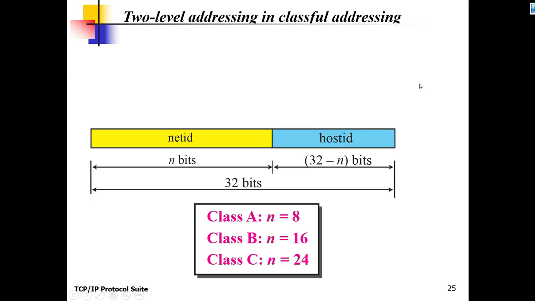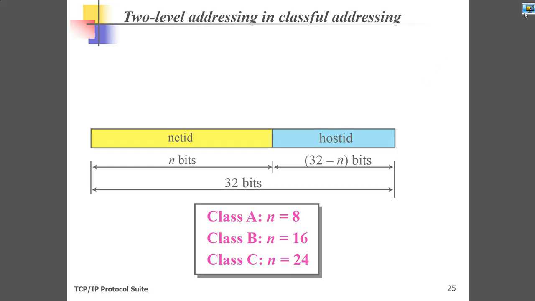So if you want to write the combination, for class A we have the combination 8 plus 24. That means network bits is 8 and host bits is 24. For class B, it is 16 plus 16, and for class C, it is 24 plus 8. So this is how we can define the class structure.